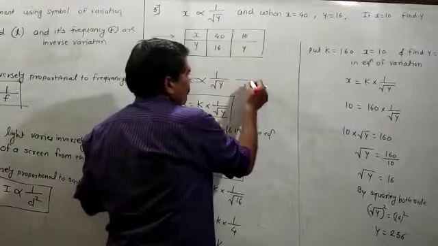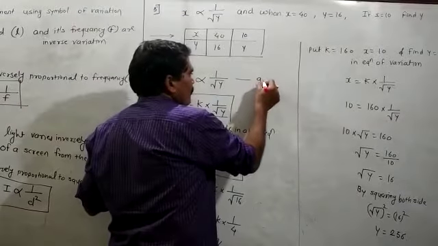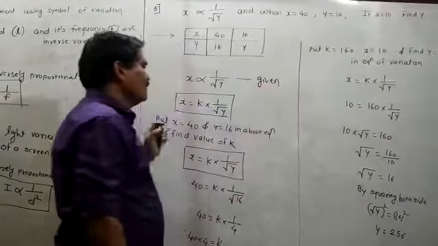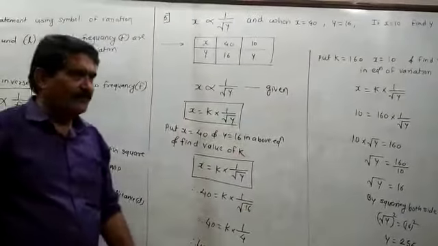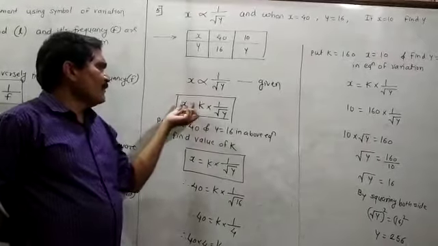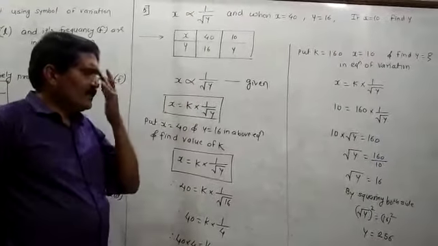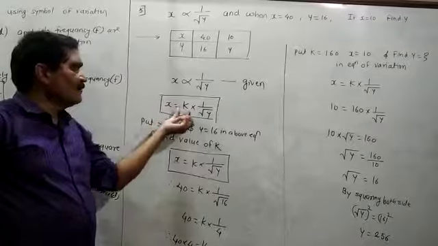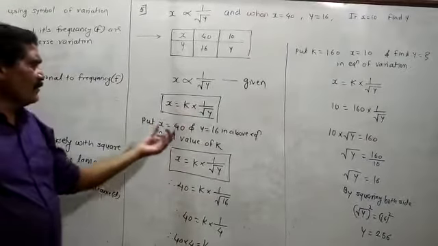X is inversely proportional to the square root of y. If you want to remove this proportionality sign, you have to write the constant of proportionality and give the equal to sign, so x is equal to k into 1 upon square root of y.